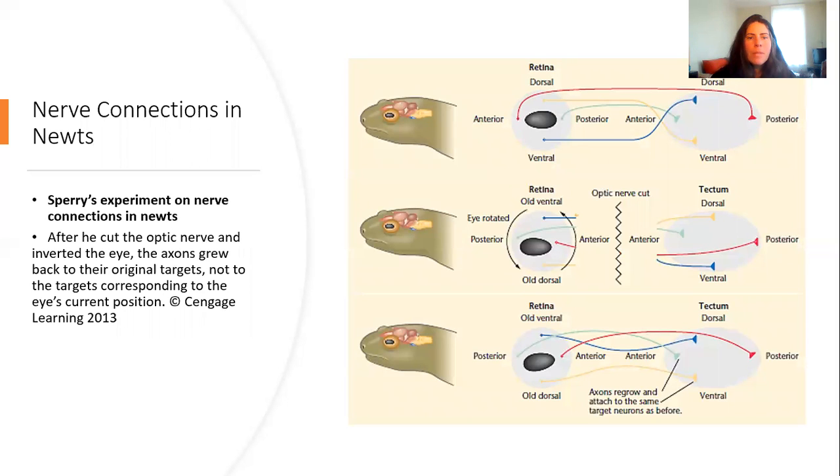In the next set of experiments, he severed the connection of the optic nerve to the thalamus and rotated the eye 180 degrees, and he saw that the axons from the dorsal portion of the retina grew back to their original target, the dorsal portion of the thalamus, ventral to ventral, again by following the chemical makeup.